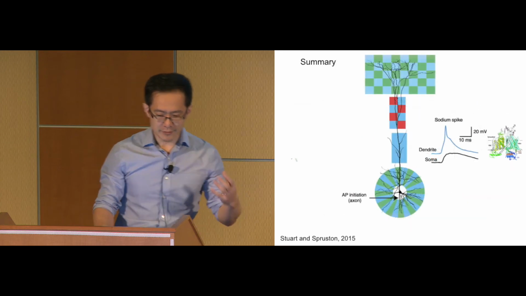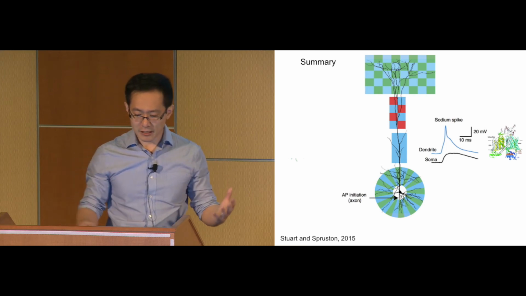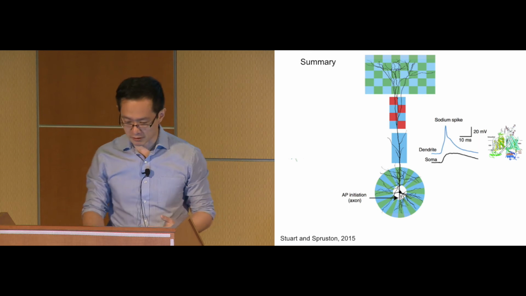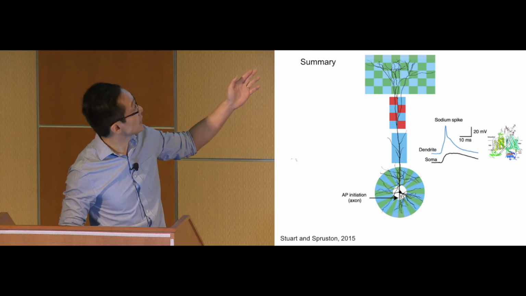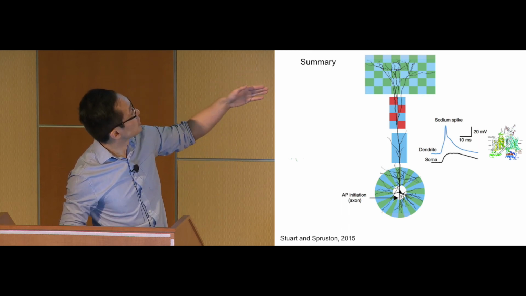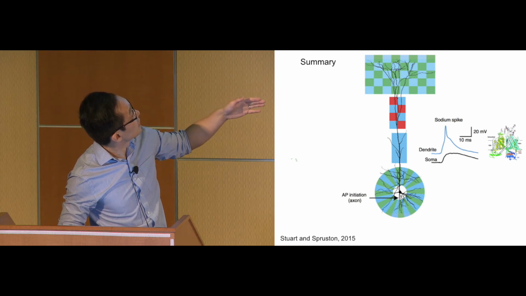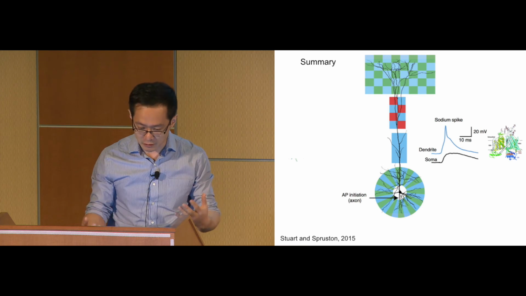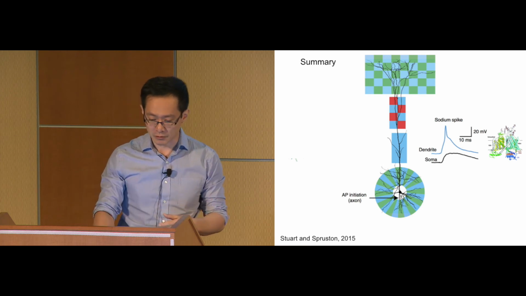So just a summary: all this information is pointing to this general picture of how a pyramidal neuron works. Voltage-gated sodium channels can generate sodium spikes throughout the cell body, indicated in the cell body, and in the dendritic trees, which is indicated in blue.